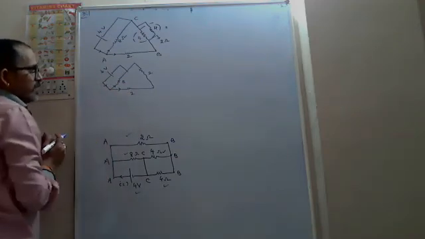Then who are in series? Yes, sir. 2 and 2 are in series, so what is the effective resistance? 4 ohms, 2 plus 2. Correct, Nana? Yes, sir.